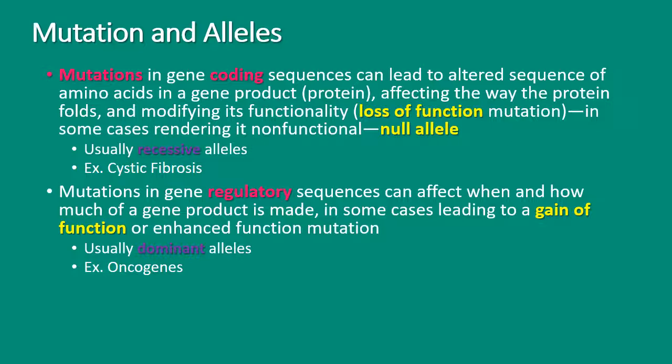But anyway, it changes the gene expression pattern. The protein that's made is the same as if the protein itself is not mutated. It folds the way it's supposed to and everything. But it's just being expressed when it's not supposed to, or it's being expressed more than it's supposed to. And so these are usually dominant alleles, meaning you only have to have one in order to exhibit the phenotype.